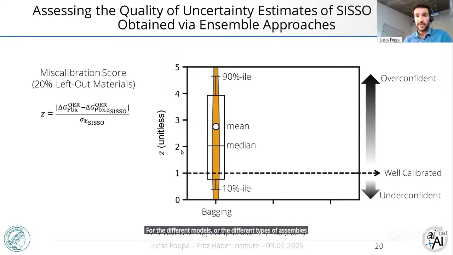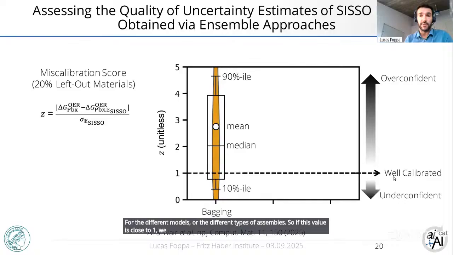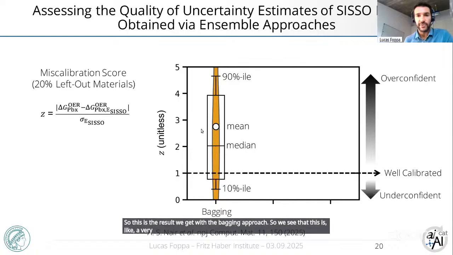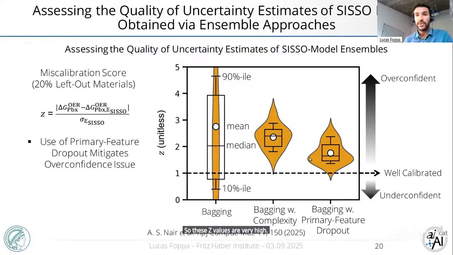So if this value is close to 1, we have a well-calibrated model. If this value is higher than 1, we have an overconfident model. And if we have this value between 0 and 1, we have an underconfident model. So this is the result we get with the bagging approach. We see that this is very overconfident. These Z values are very high.